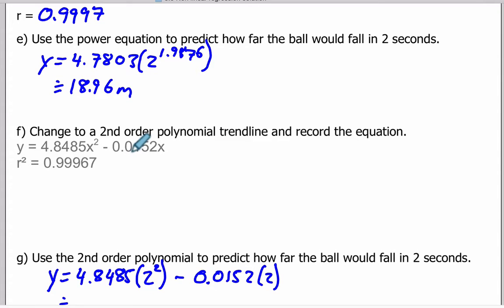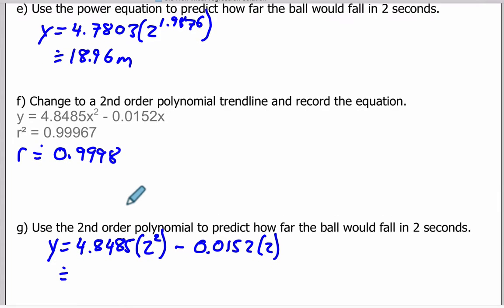Now, if you put in second order polynomial for the trend line, you should have got an equation of 4.8485x squared minus 0.0152x, and the r squared value, the coefficient of determination, was 0.99967. So that means that the correlation coefficient, or the square root of that number, is 0.9998.